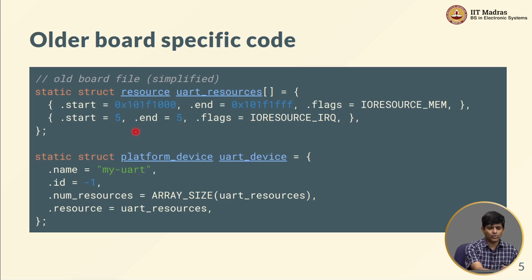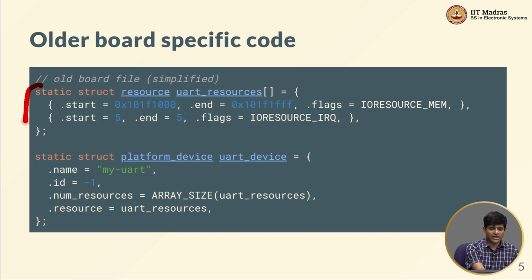And essentially what this is showing is that this is the kind of information that I need to pass in to the kernel so that the kernel then knows how to talk to a particular device, right. And in the absence of a device tree, I am literally writing code for this, right. I need to specify the addresses and the type of resource, the number, as well as the fact that it is an IRQ number.